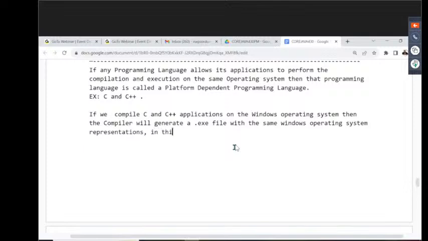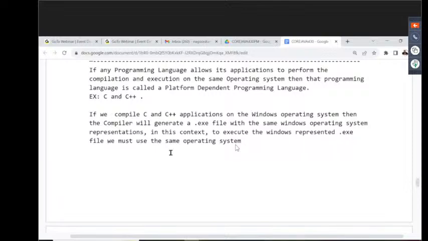Fine. In this context, to execute the Windows represented .exe file, we must use the same operating system which we have used for the compilation.